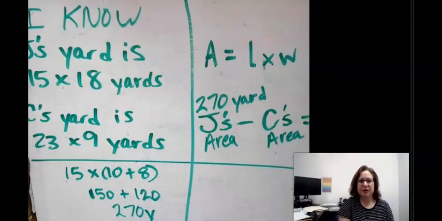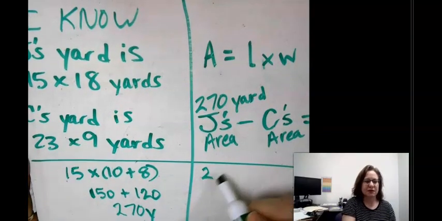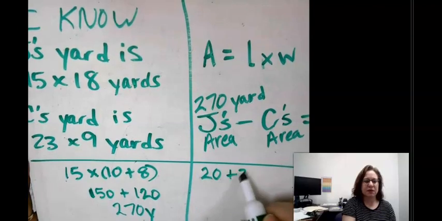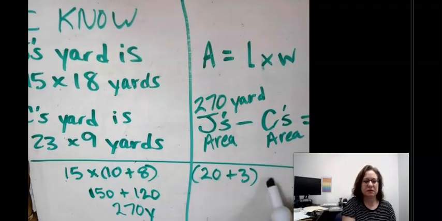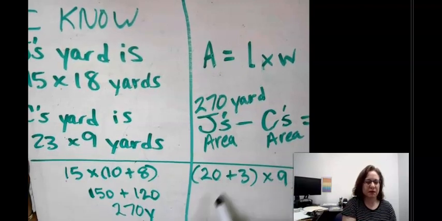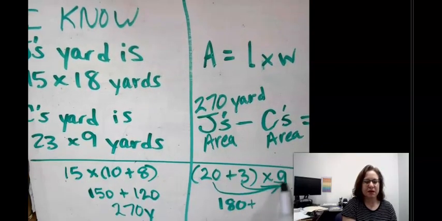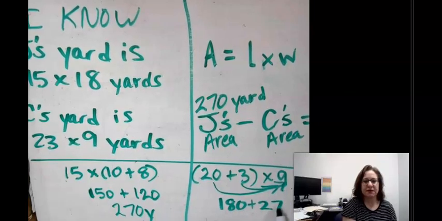All right, now we need to figure out Carolyn's. Carolyn's is 23 yards by 9 yards. So we're going to multiply. 20 times 9 is 180. And we're going to multiply 3 times 9, which is 27.